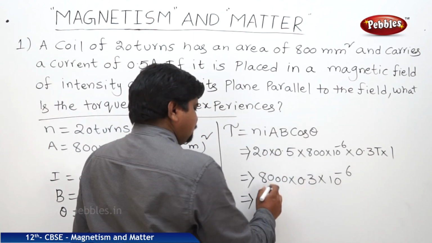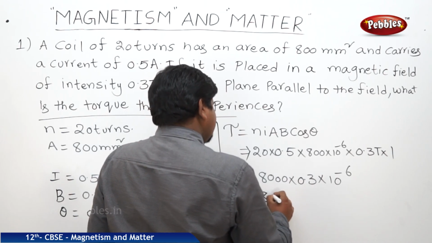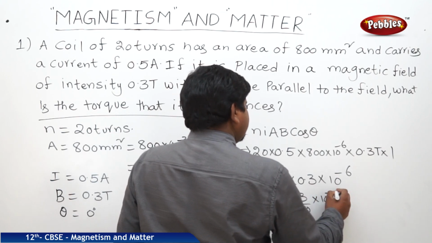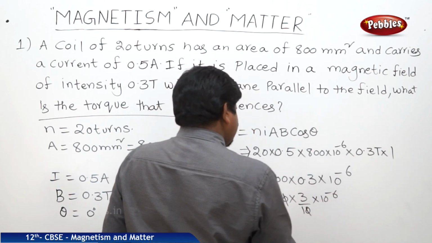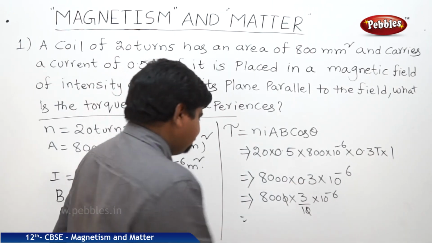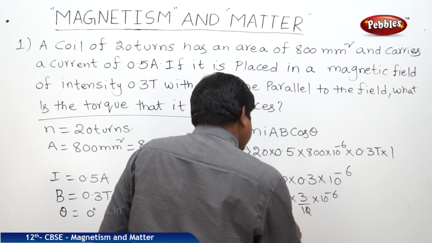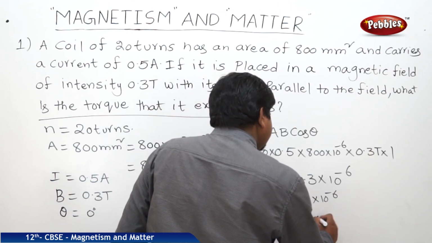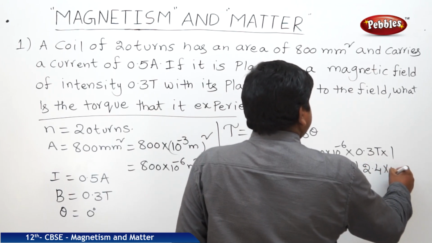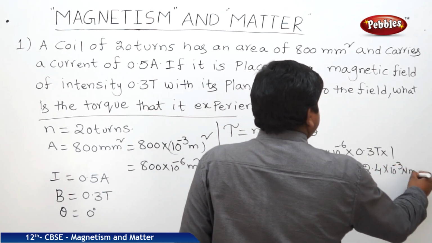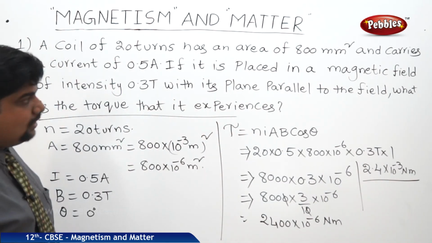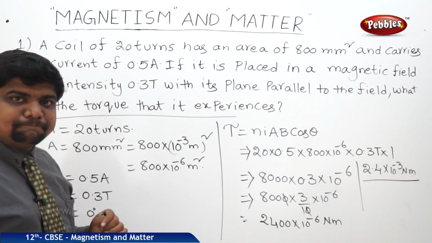So 800 into 8000 into 3 by 10 into 10 to the power of minus 6 is 2400 into 10 to the power of minus 6 Nm. In other words we can write 2.4 into 10 to the power of minus 3 Nm. So this is the torque experienced by this coil of these dimensions.